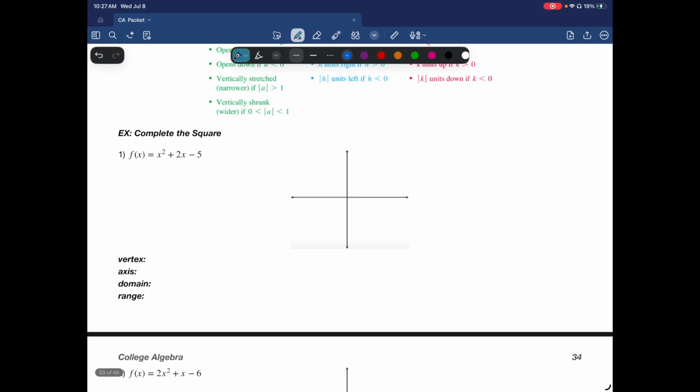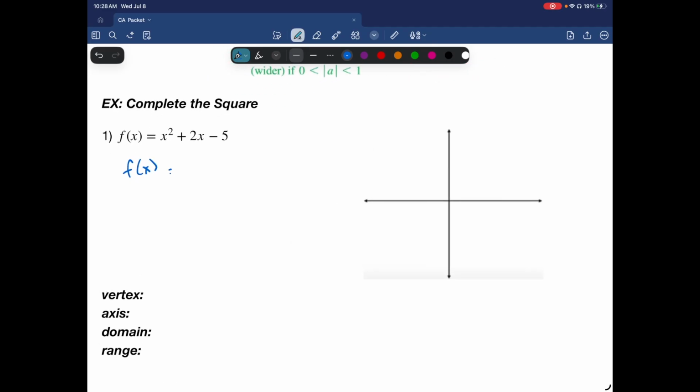Let's complete the square here to figure out what the graphing form is. Since we're dealing with f of x and everything's already on the same side, it's going to look a little different than what we've done before. So let's take a look. We have f of x equals x squared plus 2x, and I'll leave some space and say minus 5.